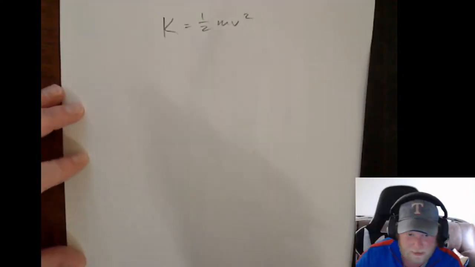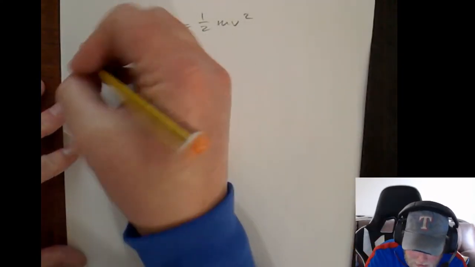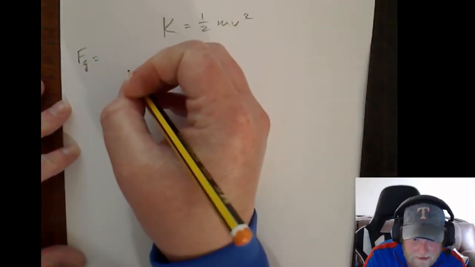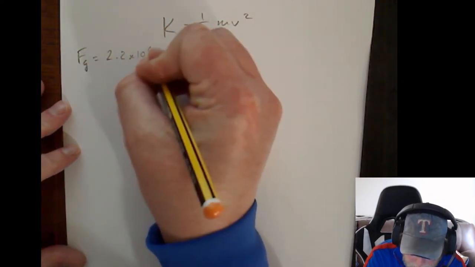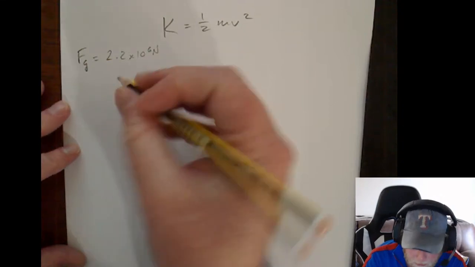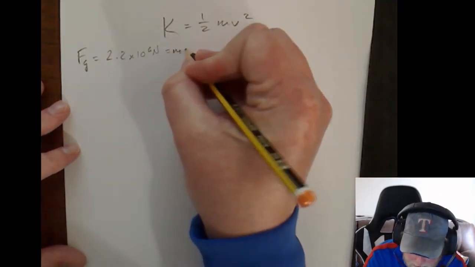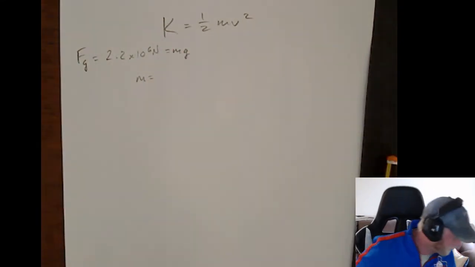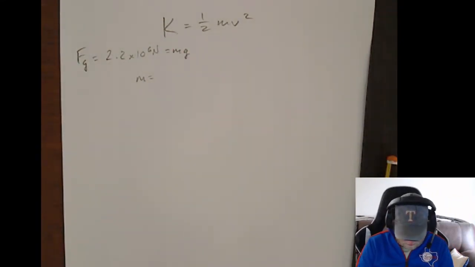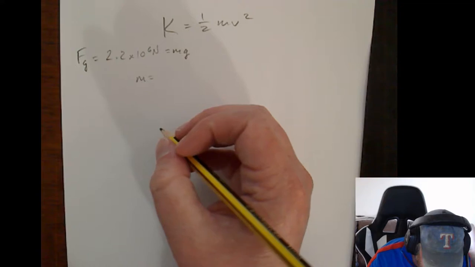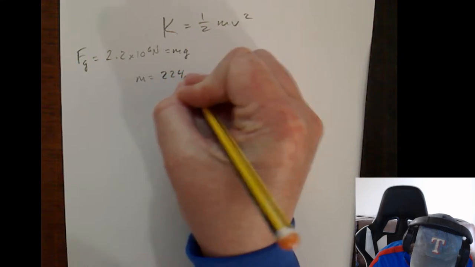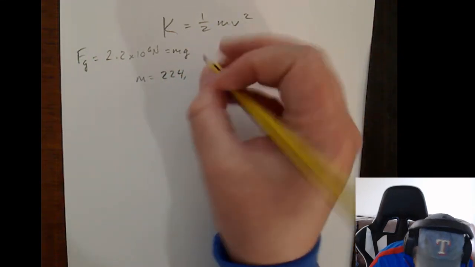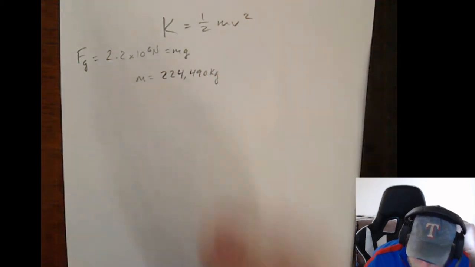All right, let's go ahead and just start by listing out what we know. We know that the weight of the object, the airliner, is 2.2 times 10 to the 6 newtons, which means, if weight is equal to mg, its mass would be 2.2 times 10 to the 6 divided by 9.8, which would be 224,490 kilograms.